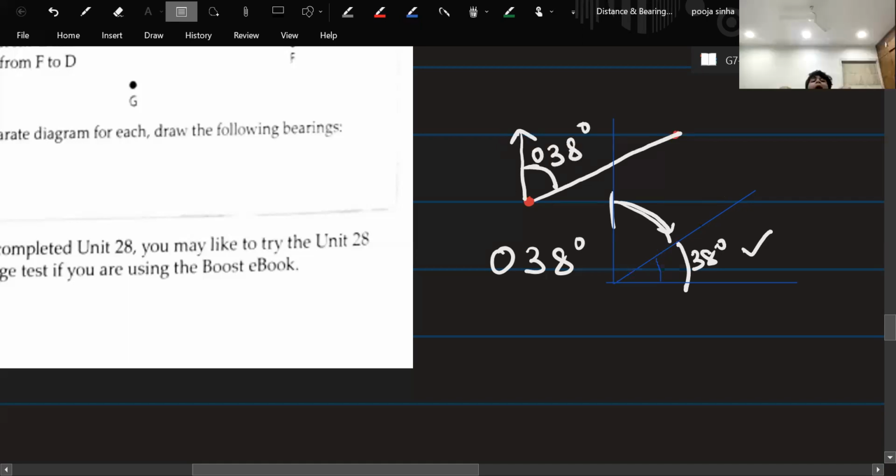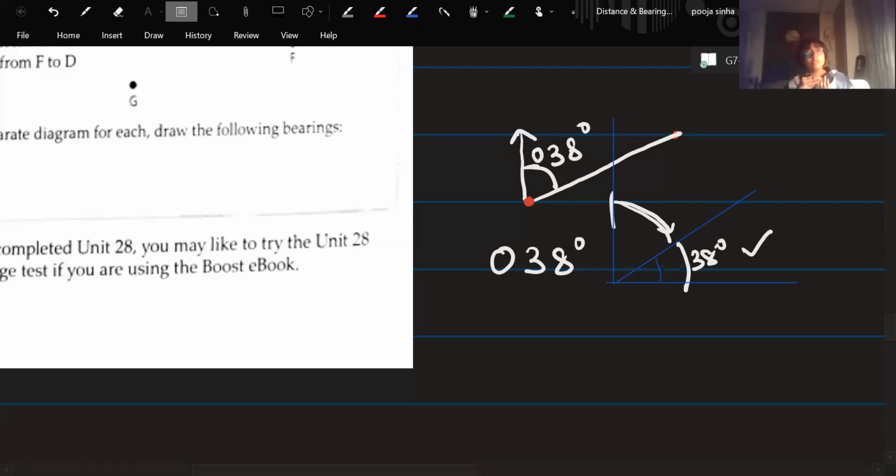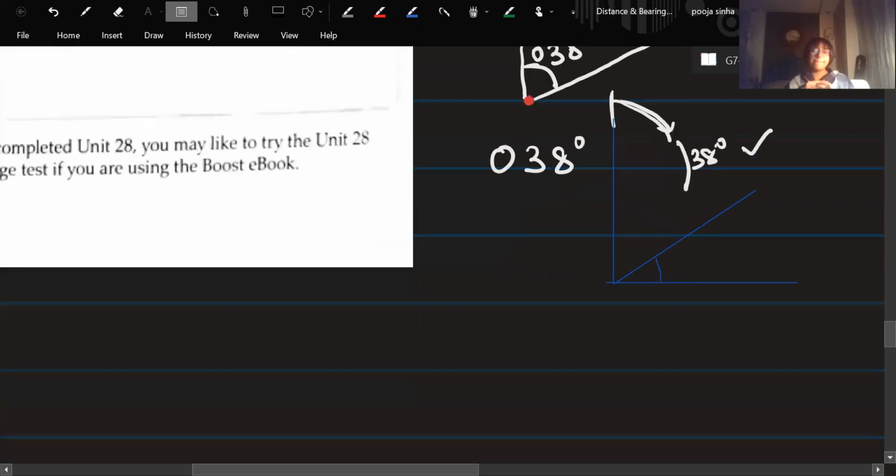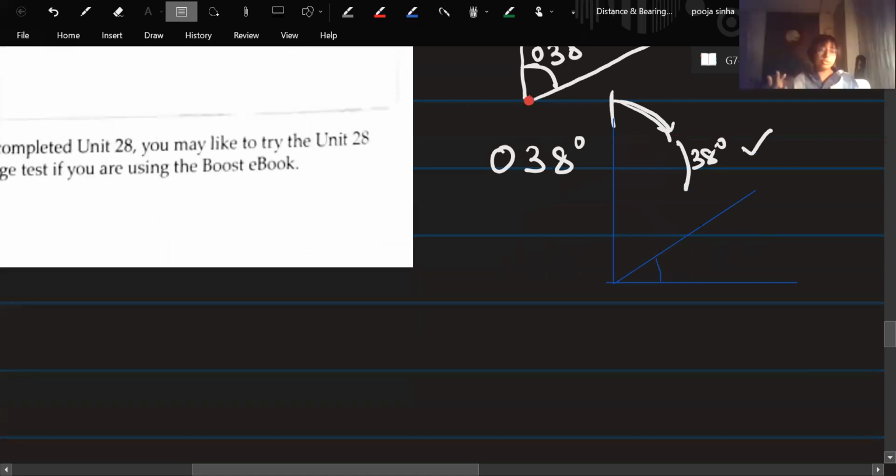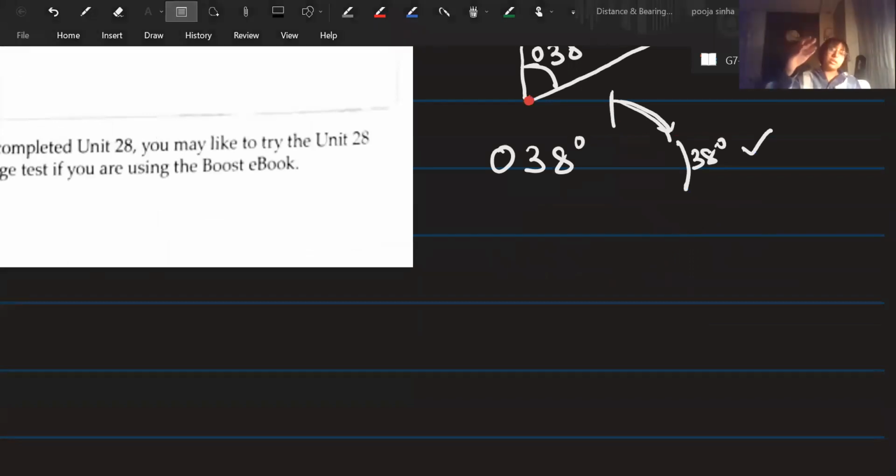So this is 038. Okay. So where will our alphabets go? Let's just choose X and Y. So where will X and Y be here?